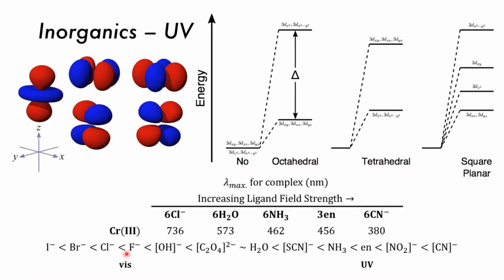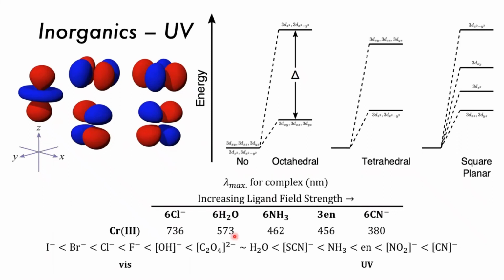Down here we see chromium 3+. The metal ion does not change. What changes is the ligand which is bonded to the central metal. In the first instance, it is chloride, and we can see a wavelength of 736 nanometers. This means it's going to be very low energy, with a very small energy gap, because it's a longer wavelength. That's the lambda max for the complex.